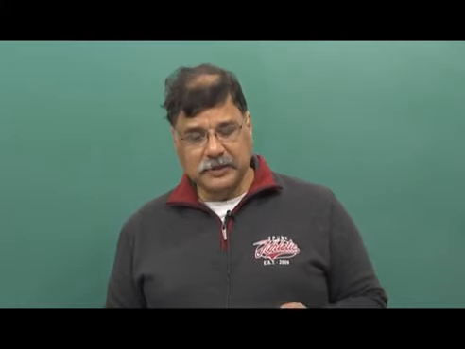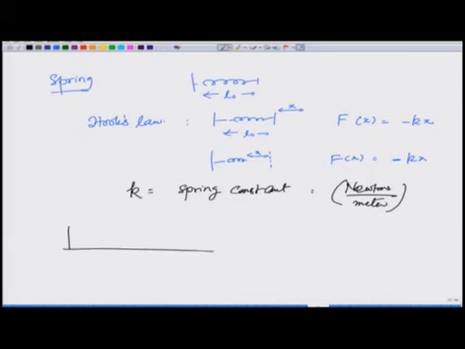So, if I take a spring mass system, let us say on a horizontal frictionless table, and put a mass m here, and let my coordinate system be such that x equals 0 is where the equilibrium point is, where the spring has its natural unstretched length.